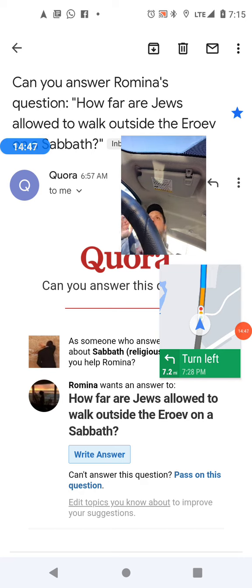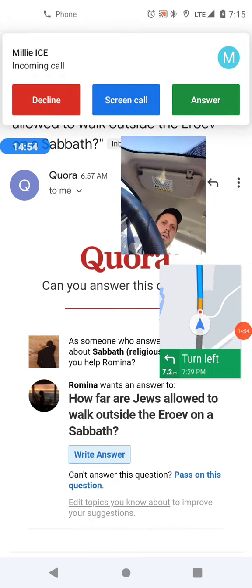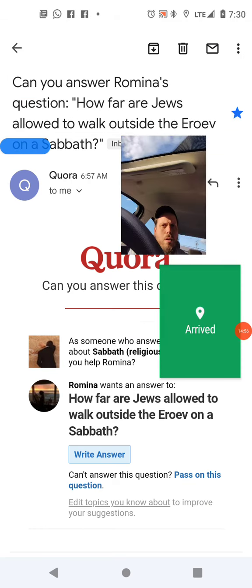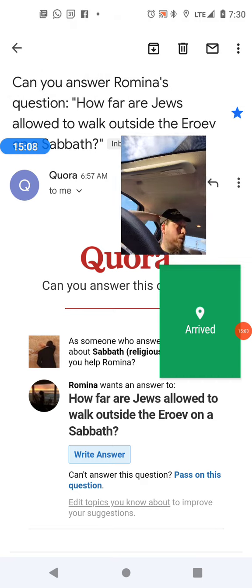And so you could go 2,000 cubits in the other direction, almost 4,000 cubits. That's basically what the eruv means: you can walk a little bit under 4,000 cubits outside using an eruv techumin. But with the eruv chatzeros, there's no limit.